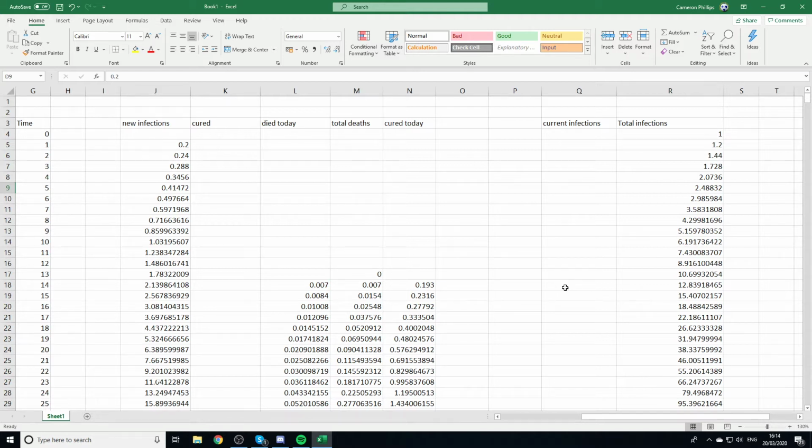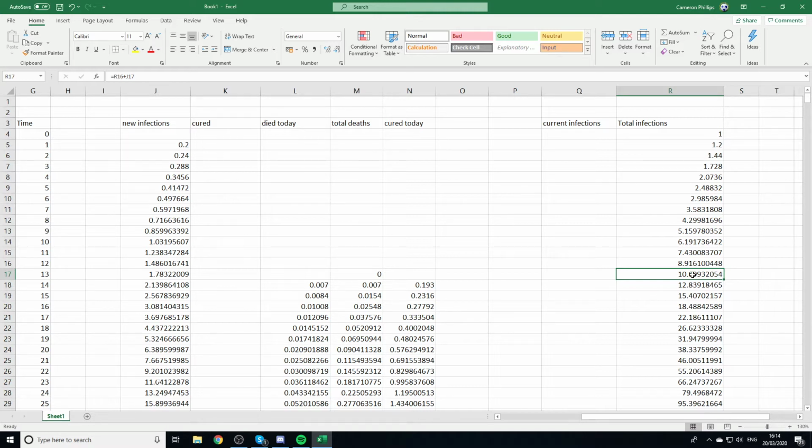Well, it's quite interesting, isn't it? I guess the current infections is how many infections we had, and we do need to take off the number of people who've died and the number of people who have been cured, and there's a kind of 14-day time lag, if you like, from that.